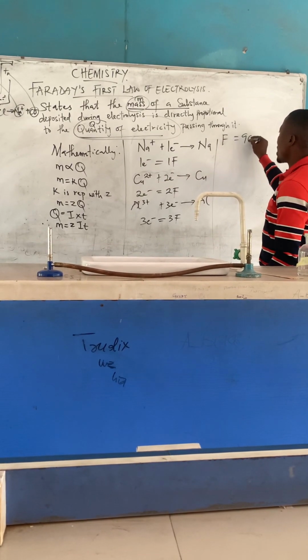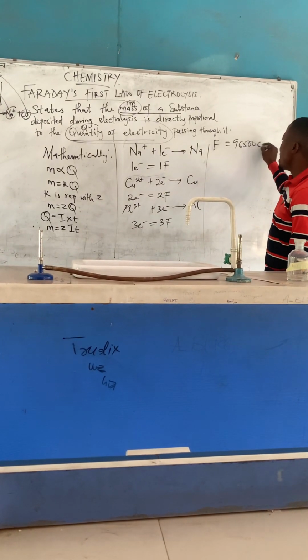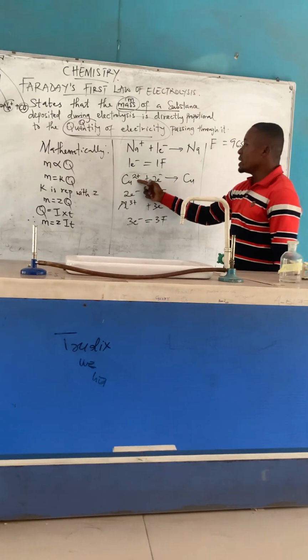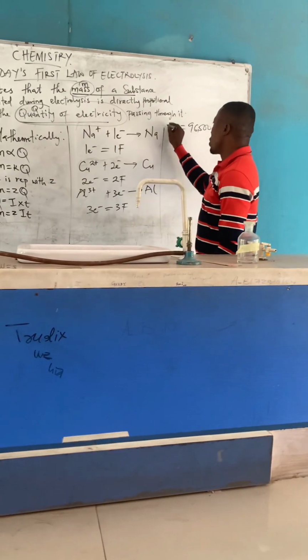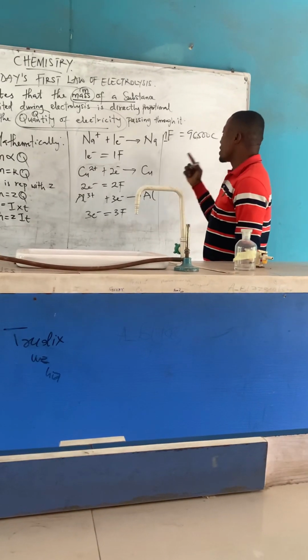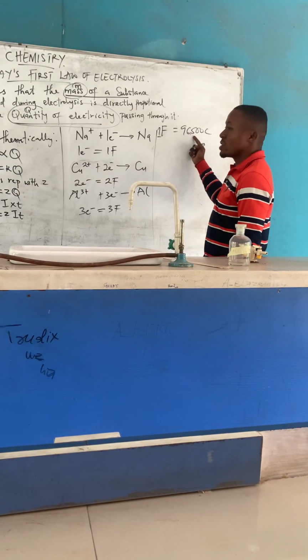Now, note this, that every Faraday means 96,500. That means for sodium to be deposited, it needs 96,500 coulombs of electricity. And for copper to be deposited, it needs 2 times that. So if it has 2 charge, the Faraday will be 2. If it has 3 charge, Faraday will be 3. So 1 Faraday means 96,500. It's constant, doesn't change.